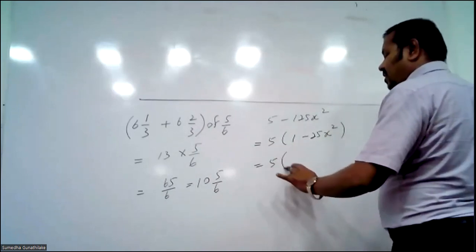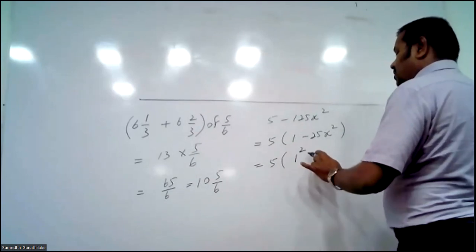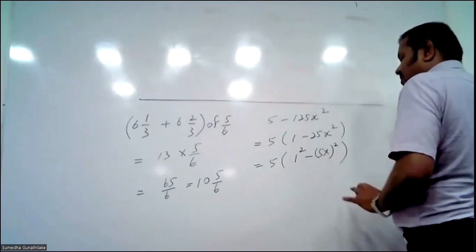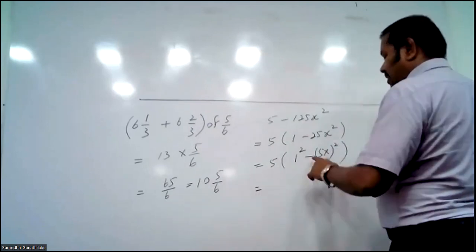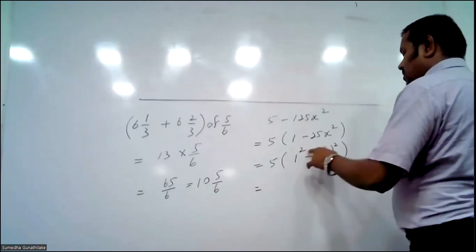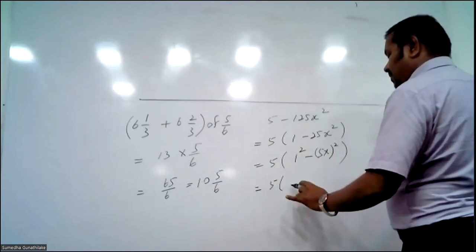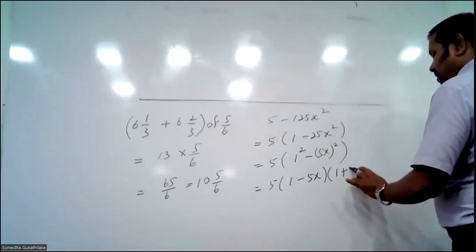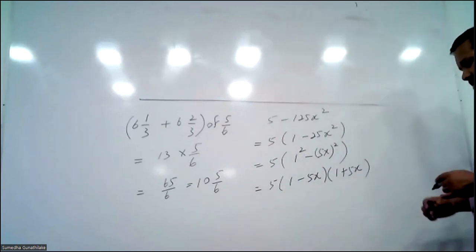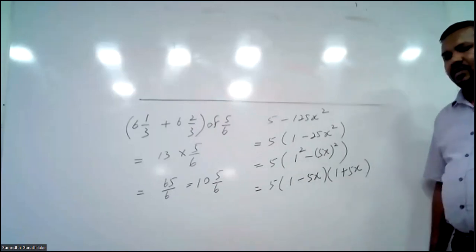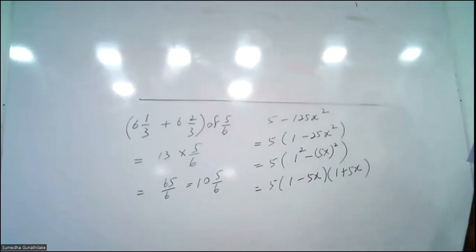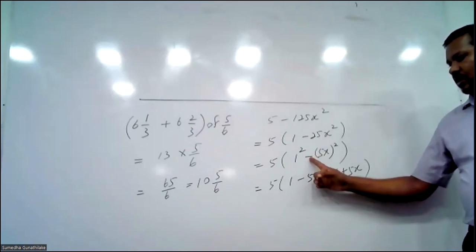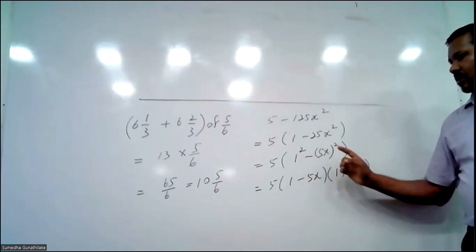Right? 5 minus 5 times 1 is 1 square. Here 5. 5 square 25. Now you can see difference of 2 squares. What are the factors? 1 minus 5x into 1 plus 5x. Right? Okay. Difference of 2 squares.